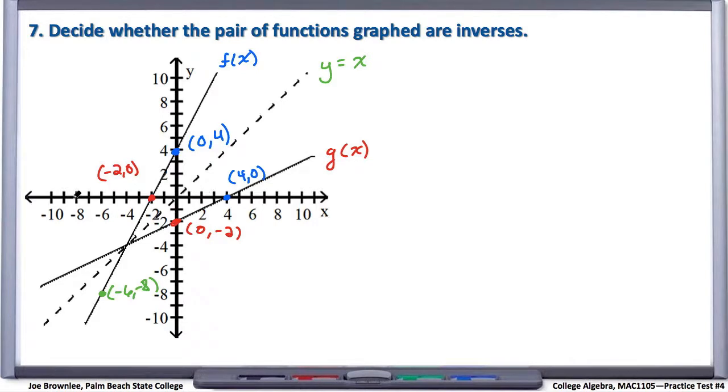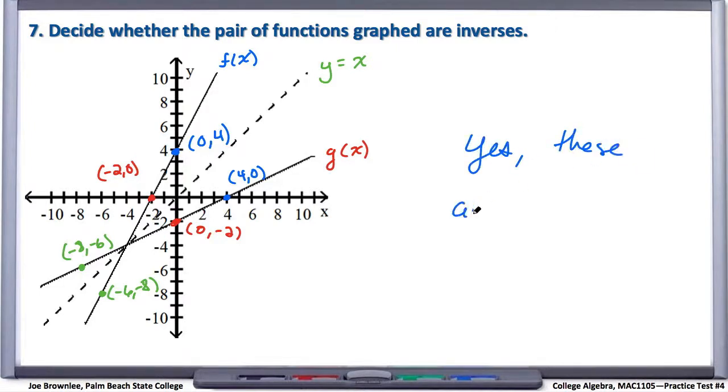And yeah, right there. So again, (-8, -6). We are 3 for 3 here, and so I would say with a high degree of confidence that yes, these are inverses.